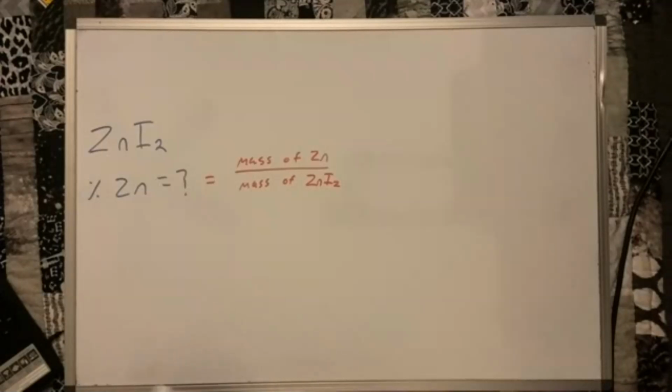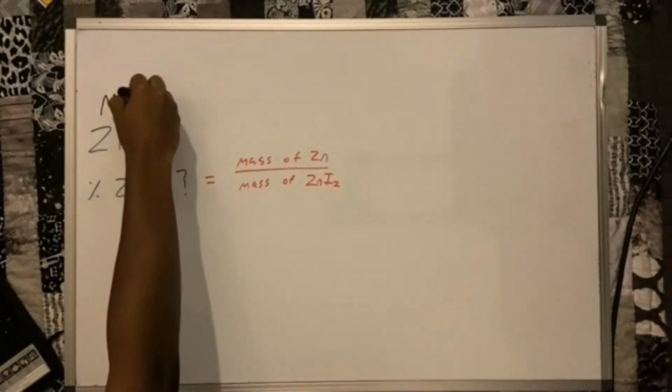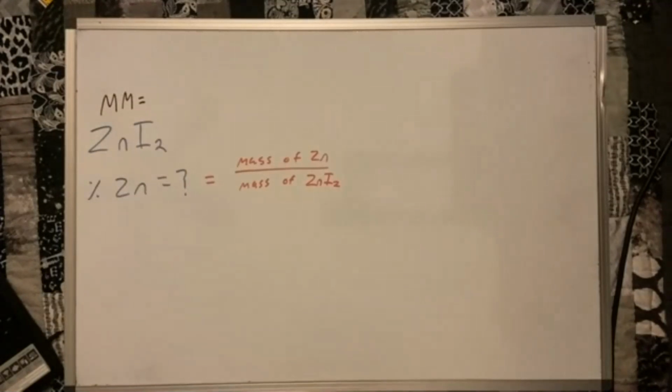All right, that's not too bad. So first off, I need the molar mass of this guy. I need to know what the molar mass is. Right, and that's easy. We can do that.